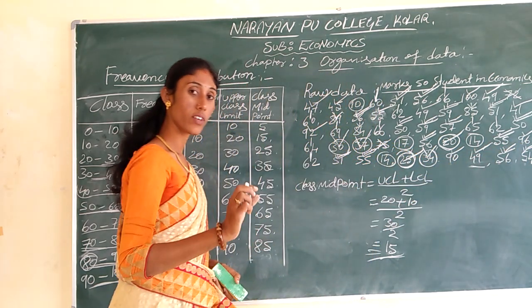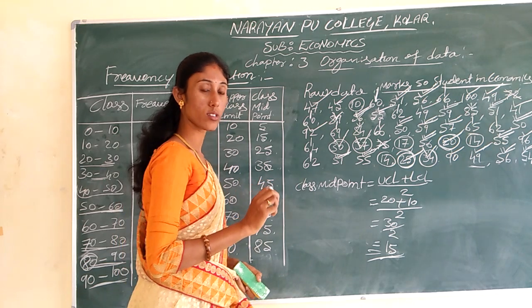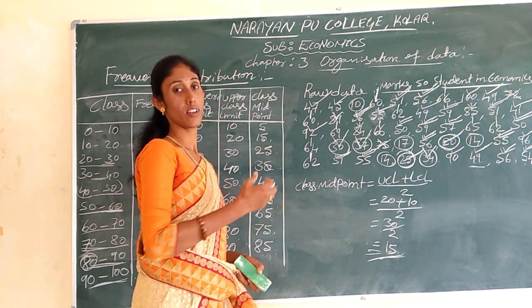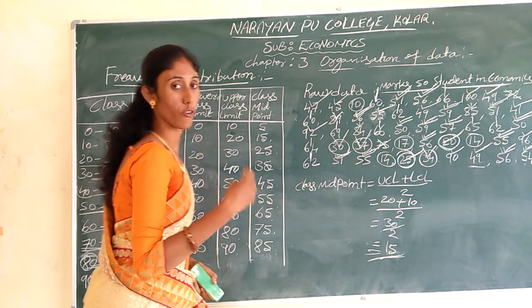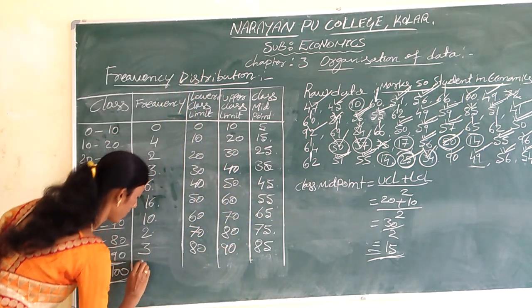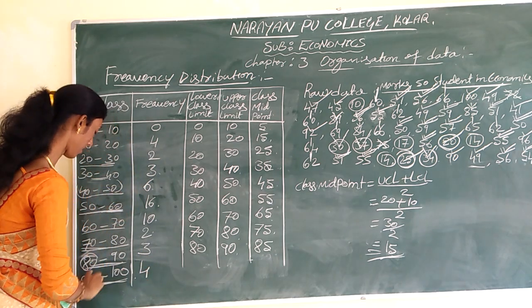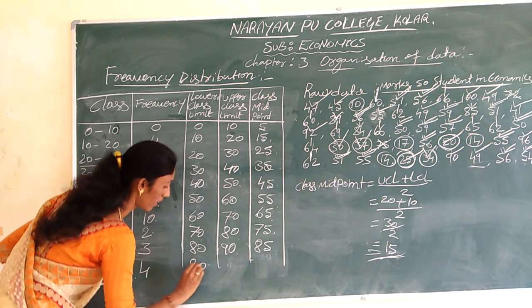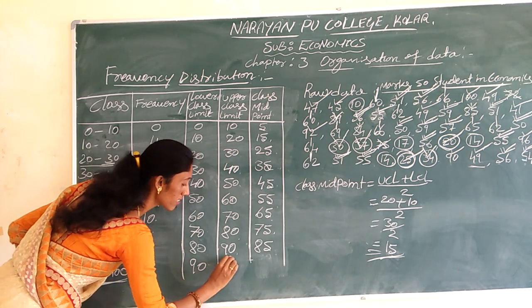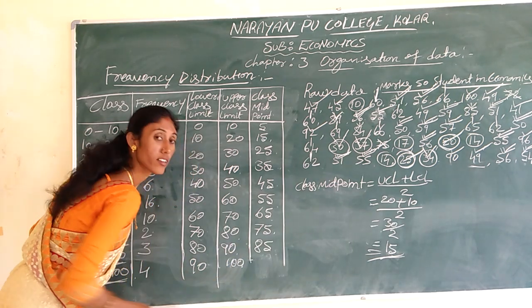Here we will be having the 4 values between 90 to 100. Then the frequency of that particular class is 4. Then the lowest value of the class is 90, and the highest value of the class is 100.